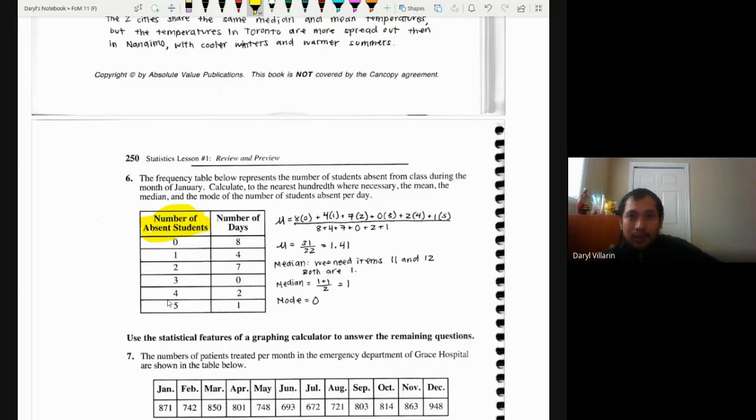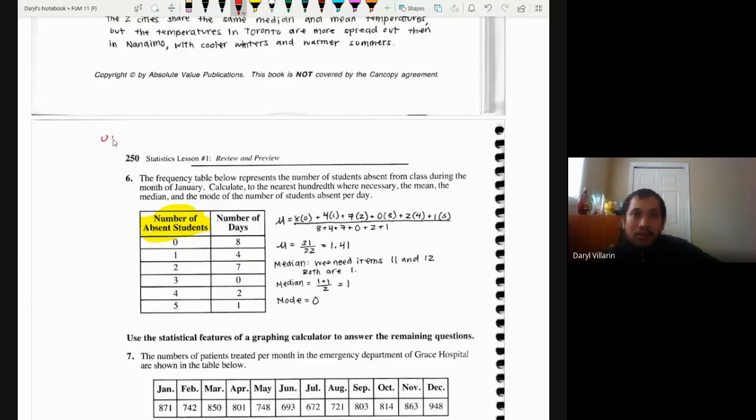So the median here is 11 and 12. How would you get 1? The answer is 1, because you will try to arrange this. If I sort this out, for the first 8, I have 0.